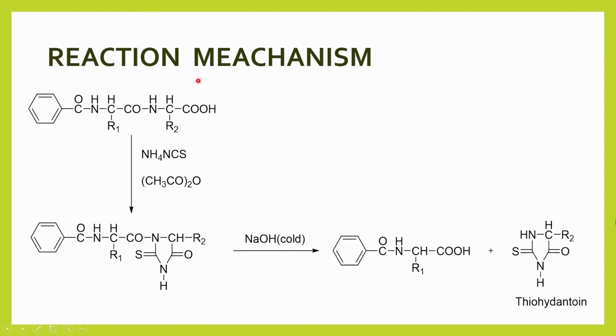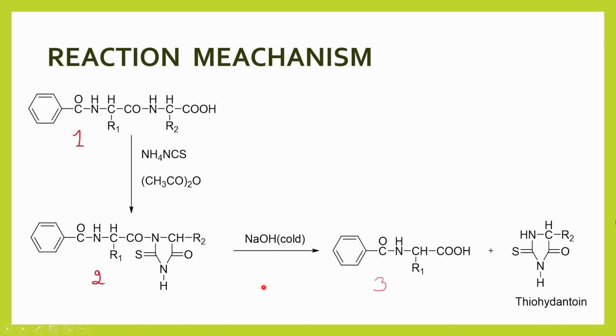Here we have taken a simple peptide chain comprising two amino acids. So according to thiohydantoin formation, this method selectively cleaves out the free C-terminal of a peptide chain. So let's see how it happens. In the first step, when we react this peptide chain with these reagents, we get a compound of this form in the second step, and we can clearly see that the free C-terminal was reacted to form this entity.